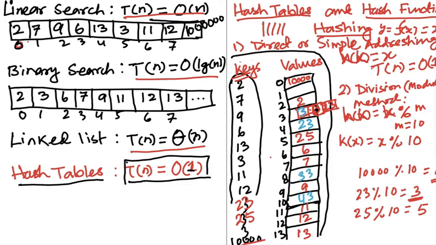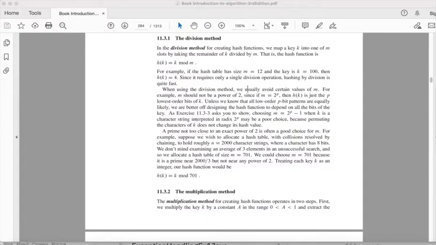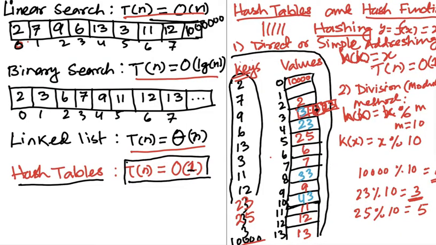Whatever variable name you use is not an issue, but let me make it similar to the book. h of k equals k mod m.